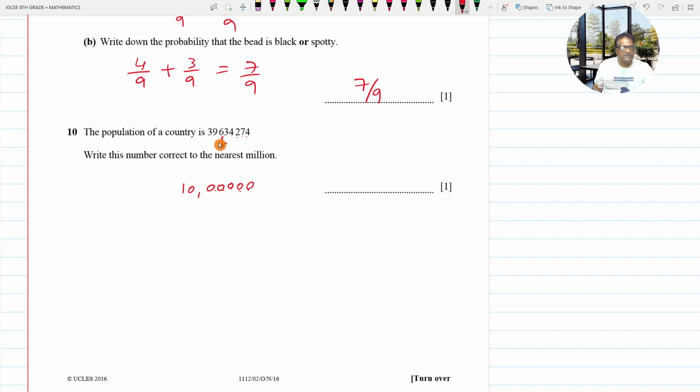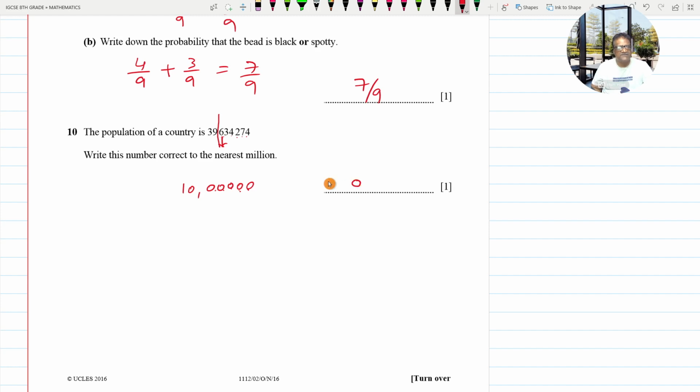So this is 6, right? So 39, 1, 2, 3, 4, 5, and 6. So this is 39, and till here you have to round it. Here what we will be doing is this 6 is greater than 5, so we will make this 9 as 10. 9 plus 1 is 10.